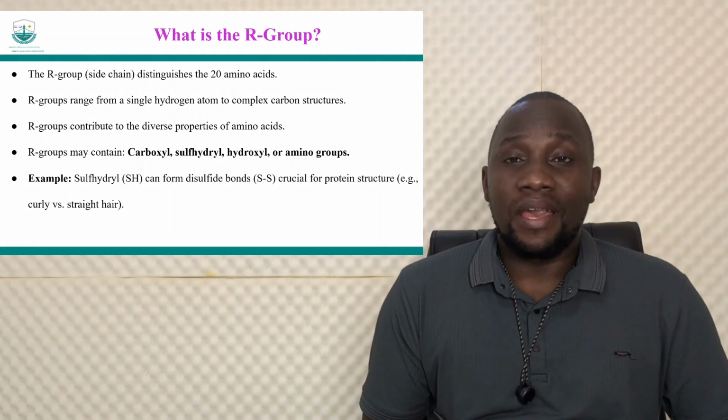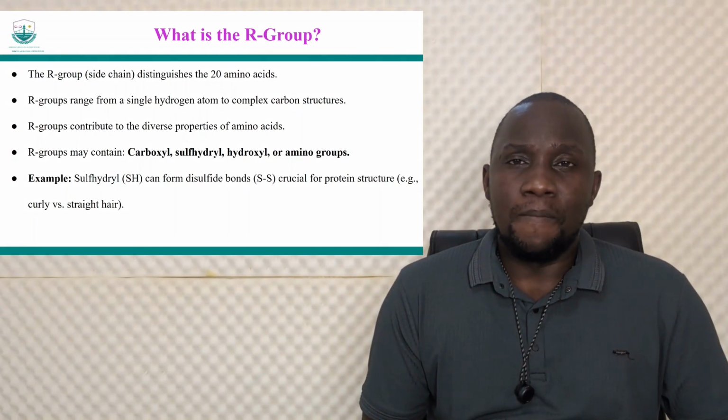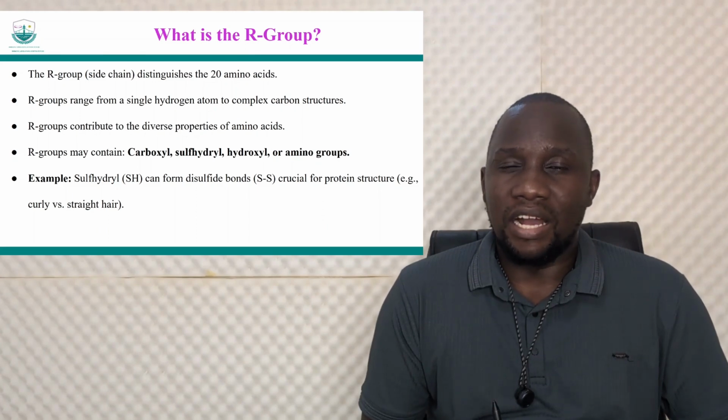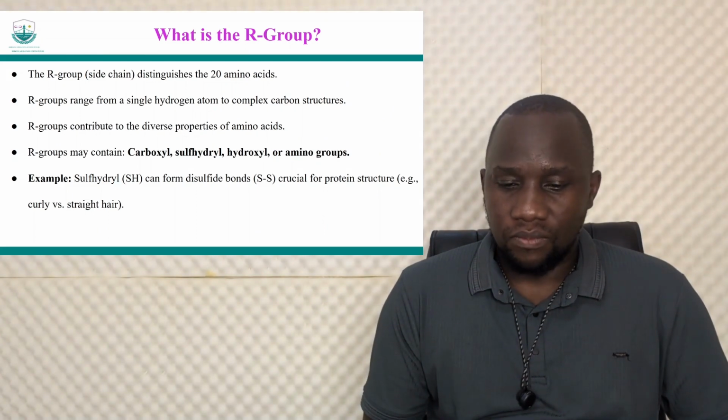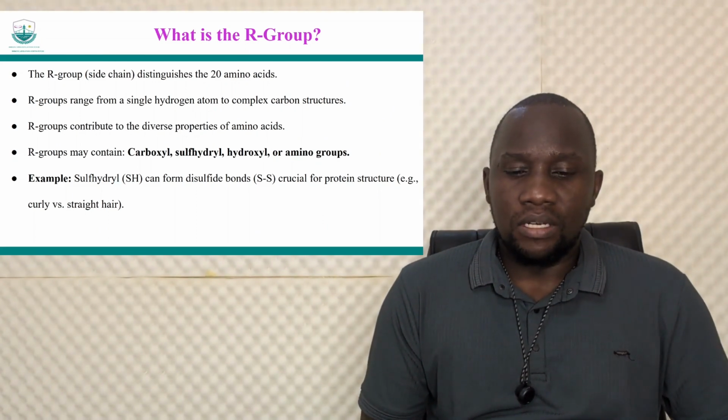So we can expect different chemical species replacing that R group, and then therefore making different amino acids.